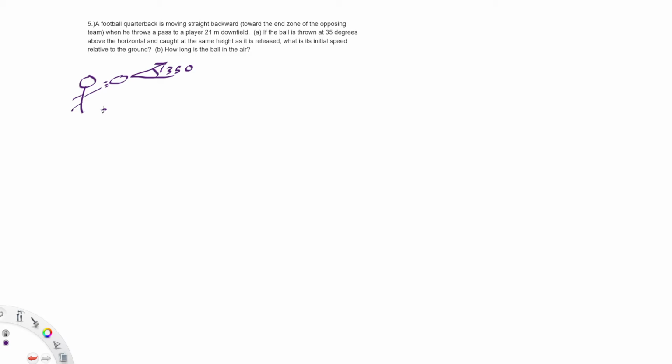This is very similar to a problem I went over in lecture, except in lecture, I think it was a place kicker and not a quarterback.